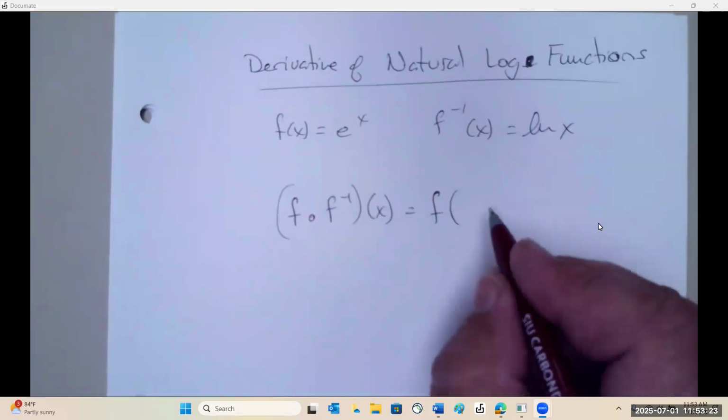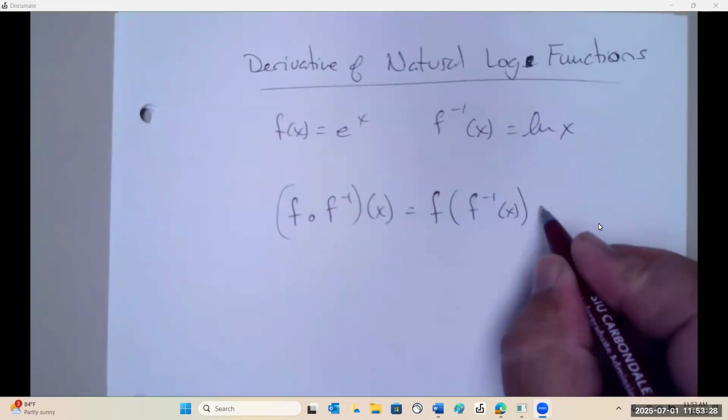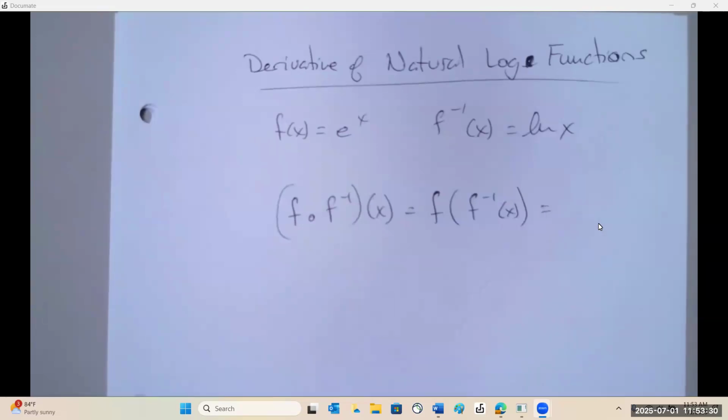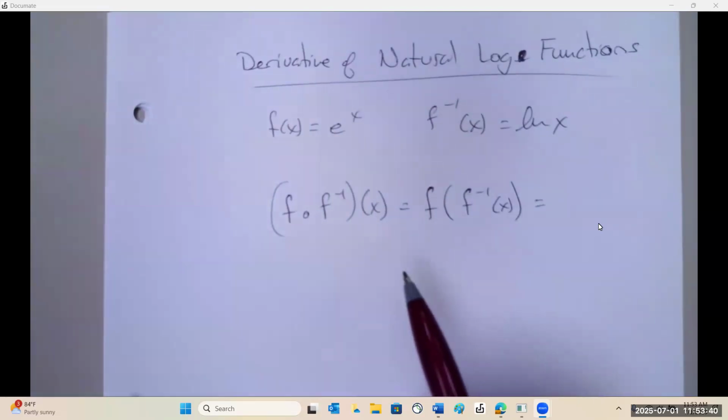So if I put in 5, it spits out 4. Then for the inverse, if you put in 4, it should spit out 5. But for a test, that won't work because x and y switch each other.